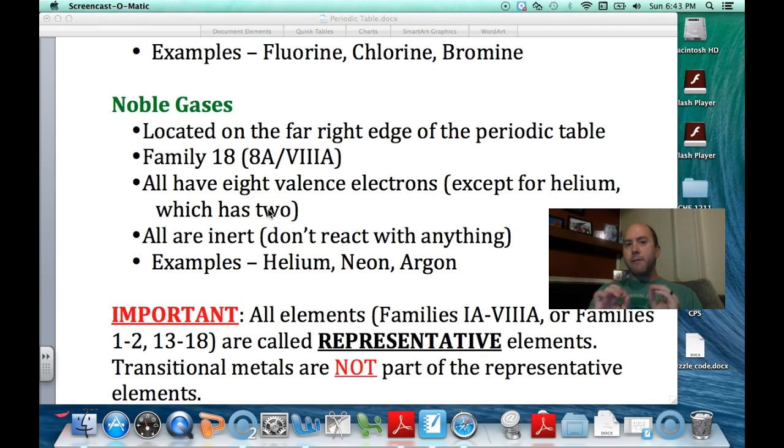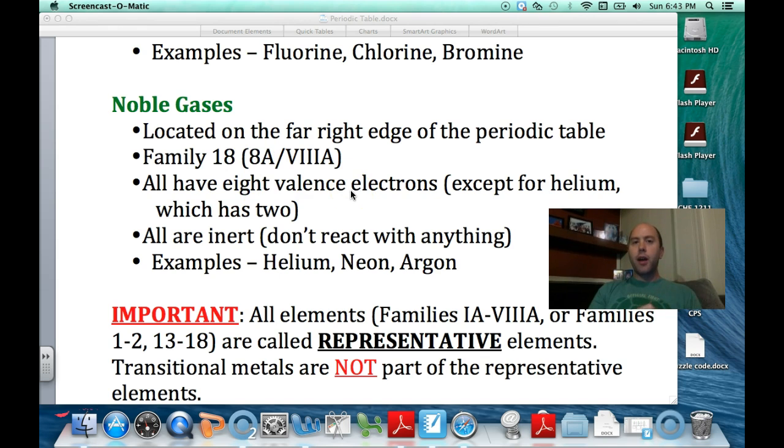Because they have 8 valence electrons, they are called inert. Sometimes they're called the inert gases. Inert means they don't react with anything. Now, you can technically get them to react under very certain circumstances, but for the most part, these elements don't mix with anything. They do not react. So again, why? Because of the 8 valence electrons.